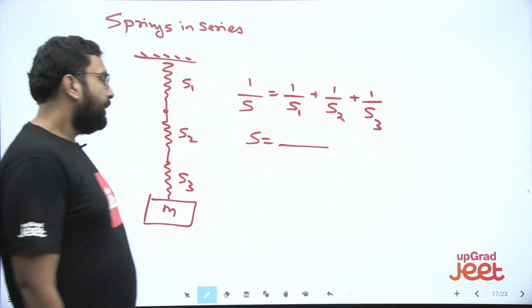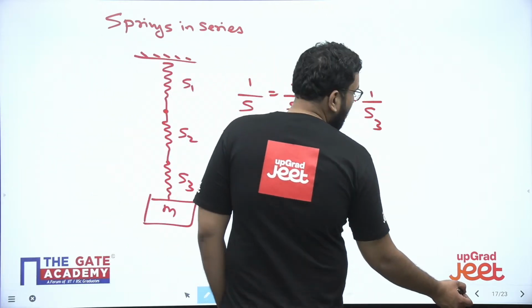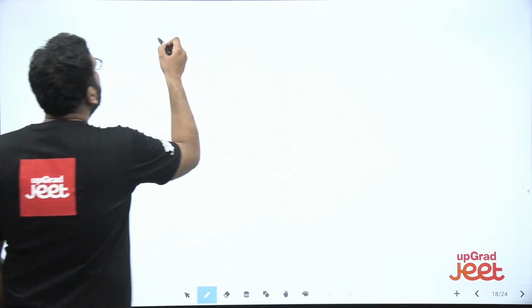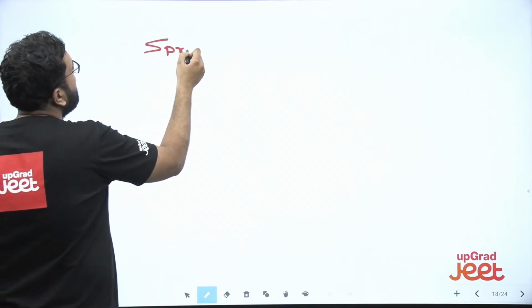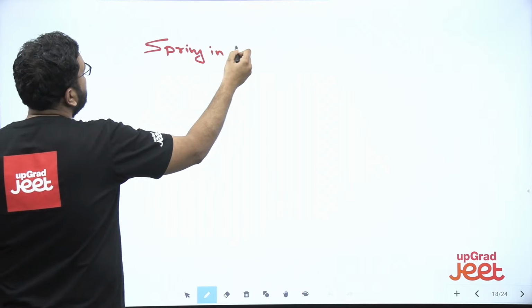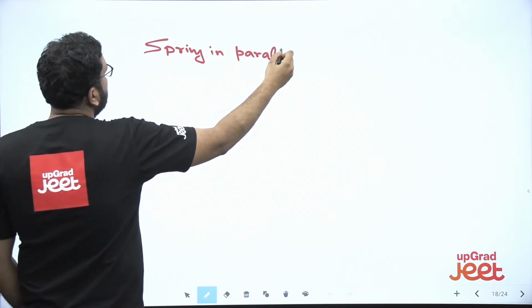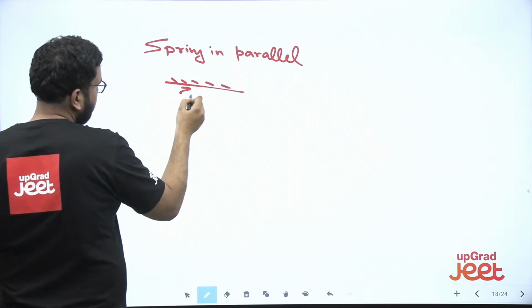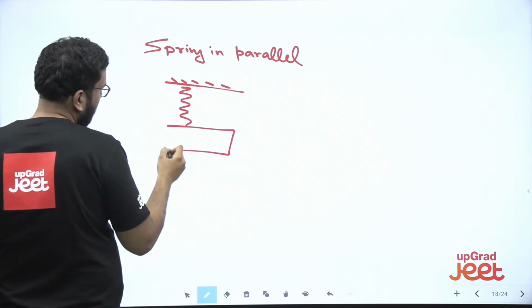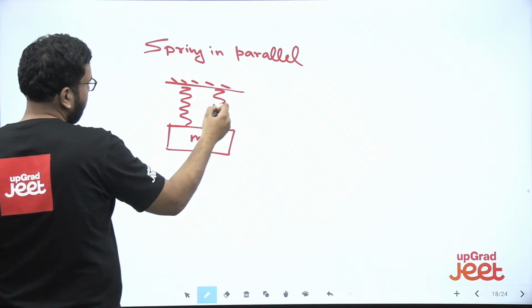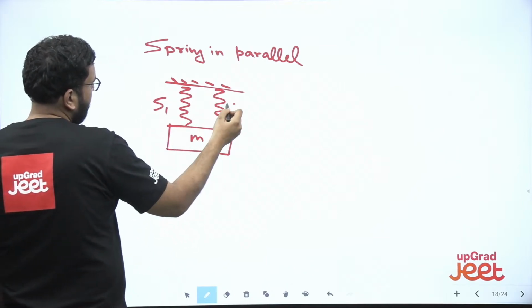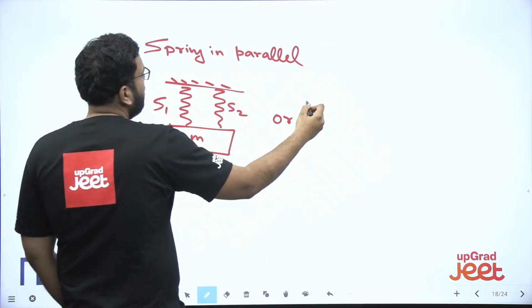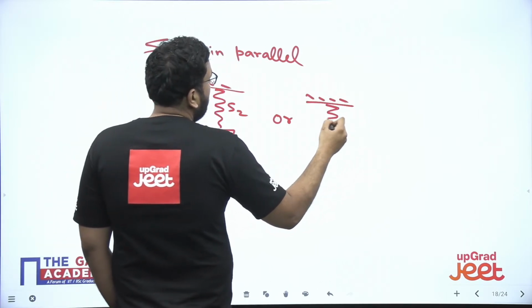Similarly, if the springs are in parallel, it will look like this. Let's suppose this is M, this is S1, this is S2, or we can also represent it like this.